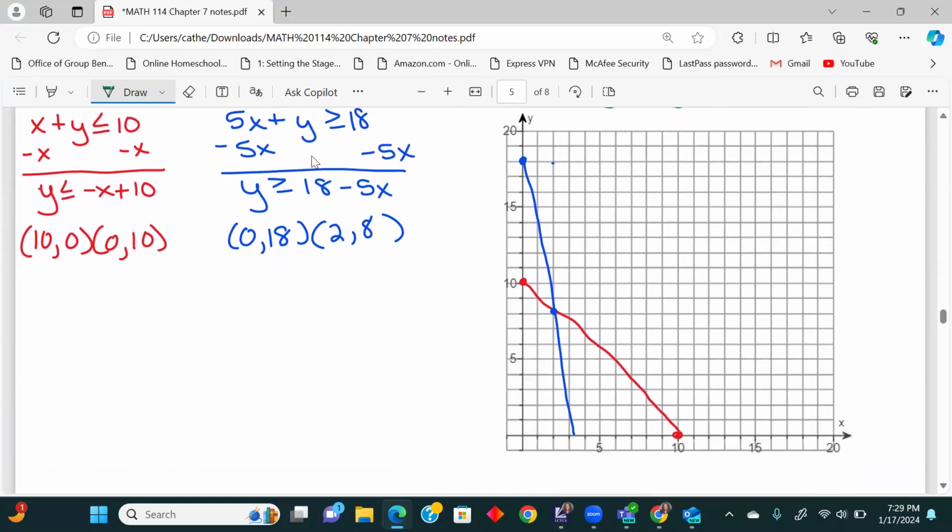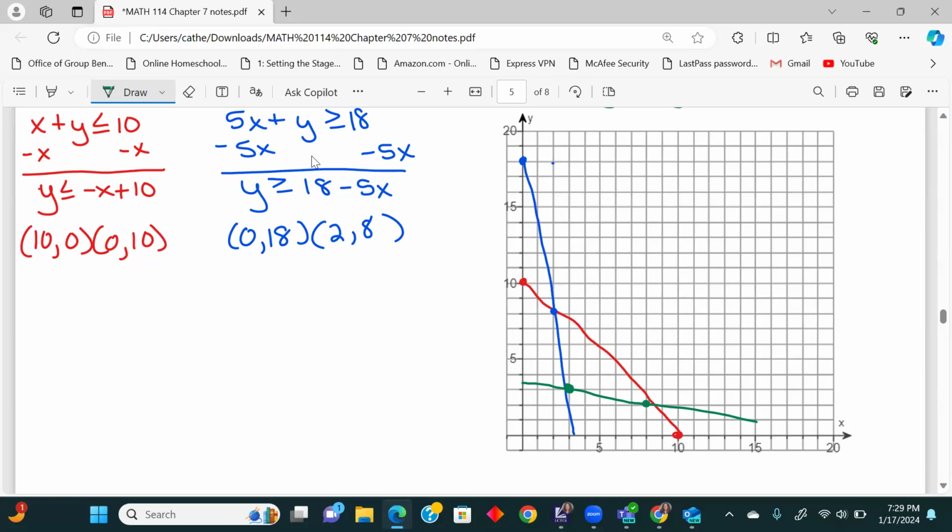Right, over 3, up 3. And then over 8, up 2. All right, so this one only has 3 corner points.